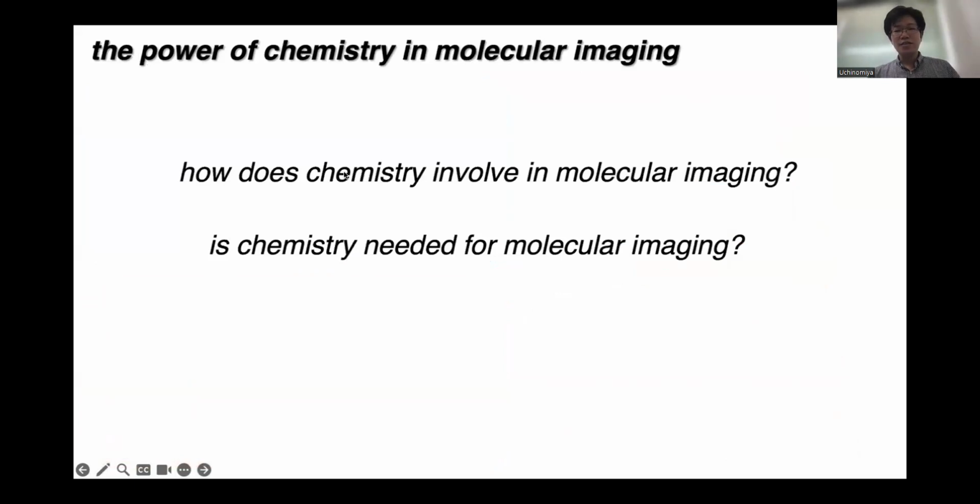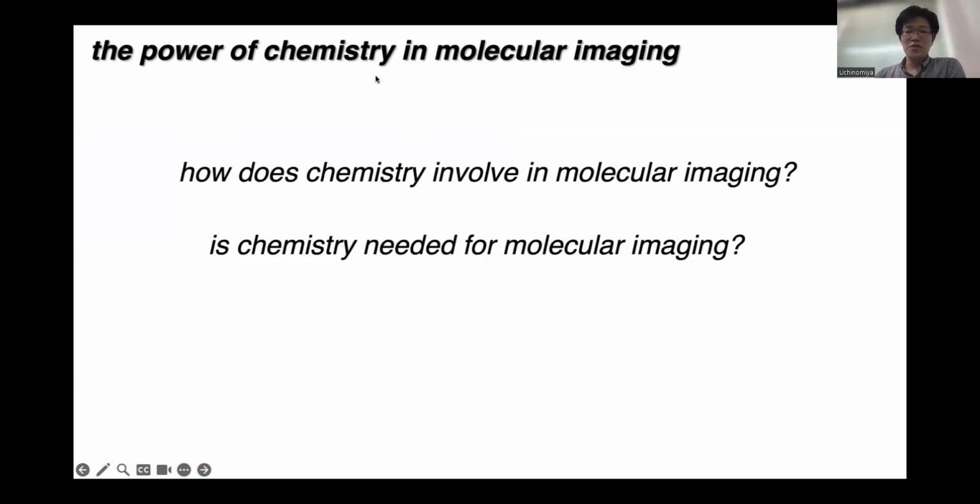So in the last 10 slides, it's a bit earlier than I predicted, but in the last 10 slides of my class, I want to talk about the power of chemistry in molecular imaging.